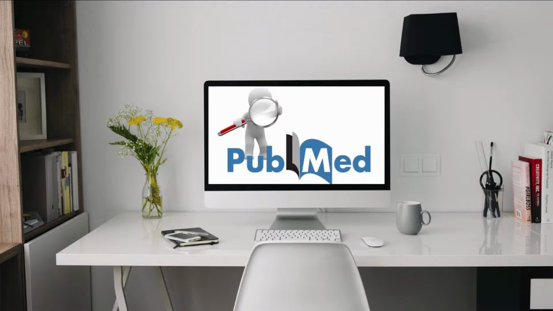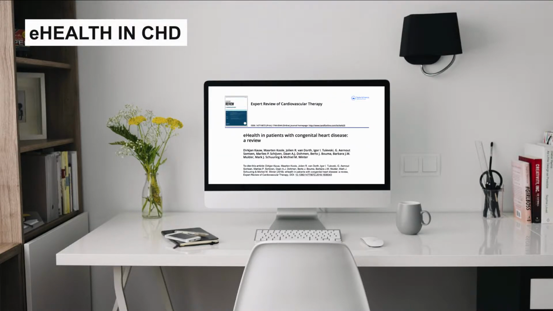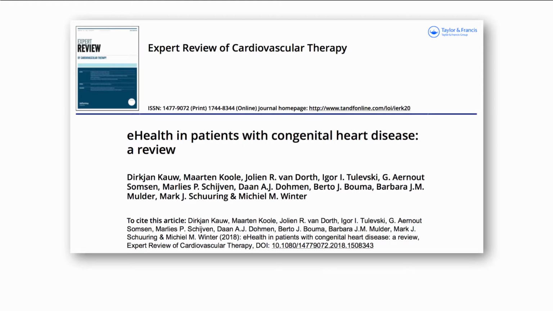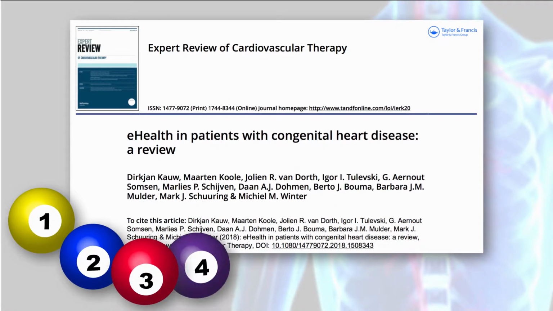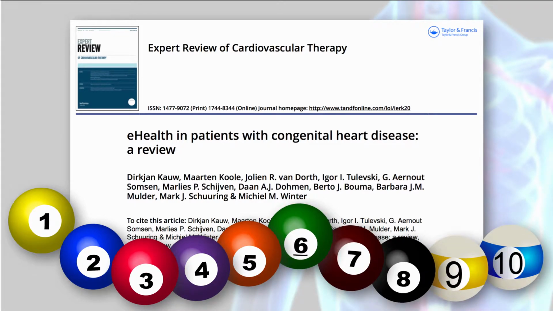So like in this presentation, I wanted to indicate that we wanted to see in the literature what was known about E-health and M-health in congenital heart disease, and by coincidence there was just a recent literature review published. So we wanted to go deeper into what was known from this review, and the review indicated that there were 10 papers, 10 studies published over the past decades on E-health in congenital heart disease.